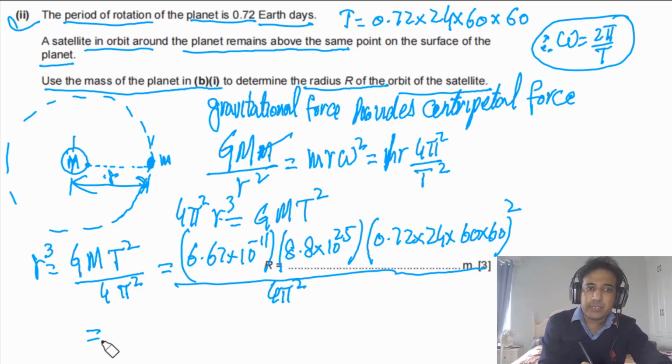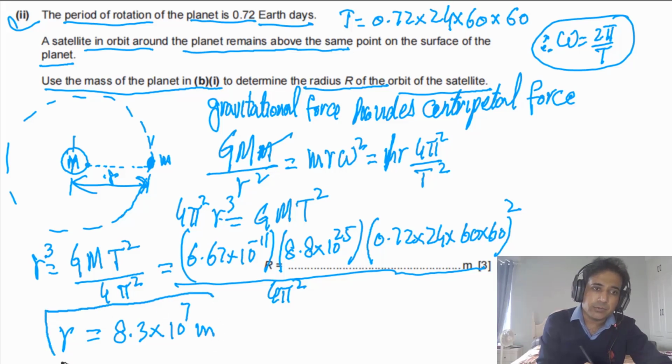Now if we simplify this, the value for r we will get is about 8.3 times 10 to 7 meters. So this is the radius of orbit.